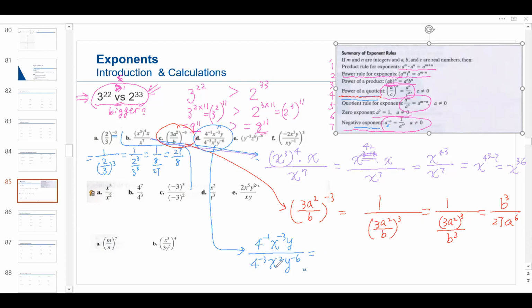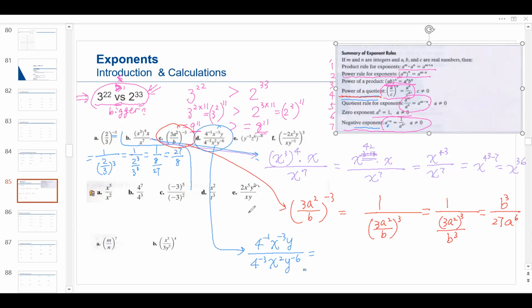We need the same base part to do the calculation. If they are different, we cannot. Something like x here, the base is the same, we can combine this part. Y, we can combine this part. When the base is the same, we can combine, but when the base is different, you cannot combine. Only the same base can combine, right?